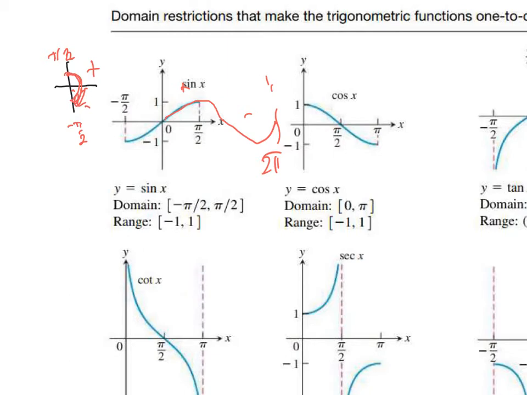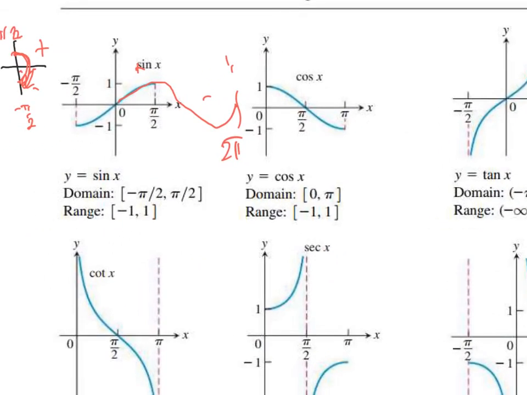So here's the domain we use for the primary domain. The primary range doesn't change, -1 to 1. Here's your cosine. Normally we think of cosine as starting at the top, coming down, going back up, starting over again.